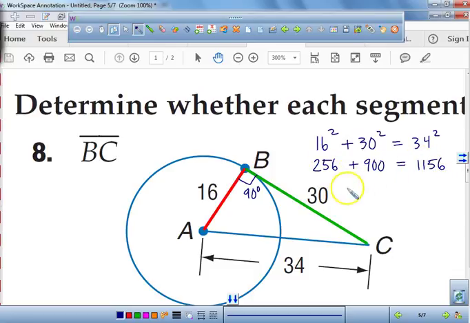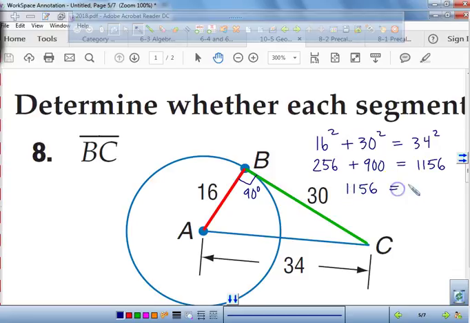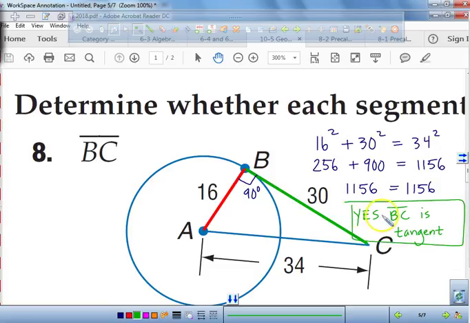When you add these together, you get 1,156. Now, everybody, if this side equals this side, then that is a right triangle, which means this segment has to be tangent. So your answer is yes, segment BC is a tangent segment.